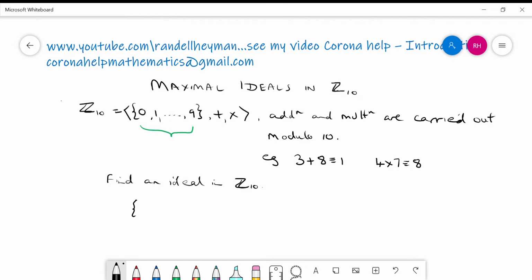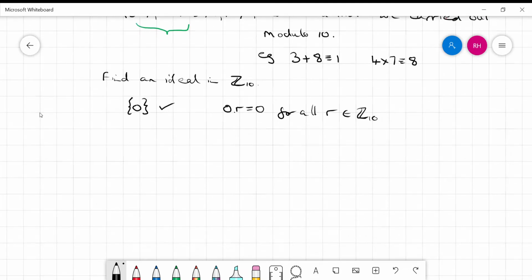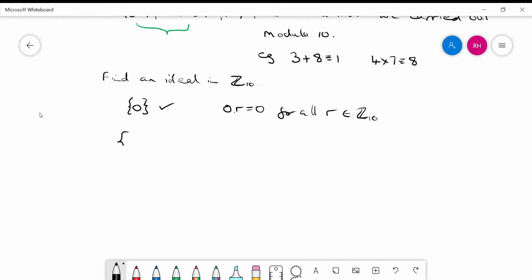Now 0 by itself is an ideal. Why? Because, let's write it this way, 0 times r equals 0 for all r in Z10. Okay. What about if we start with 0 and 1?